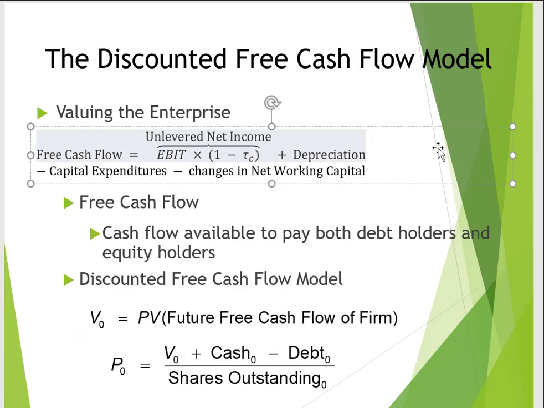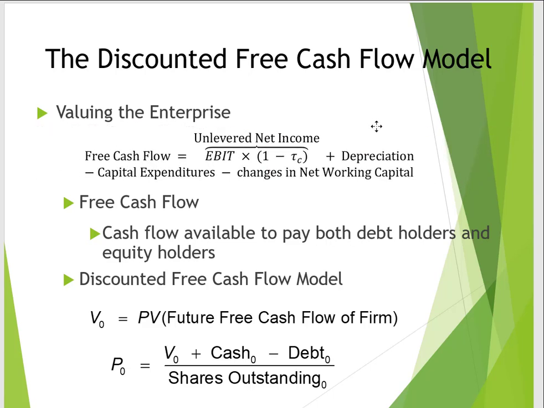So the first formula we need is something referred to as free cash flow. What is free cash flow? Essentially, it's all the cash that's available after we've paid off everything else to pay both debt holders and equity holders their expected cash flows. So we need, first of all, the unlevered net income, EBIT times 1 minus the corporate tax rate.